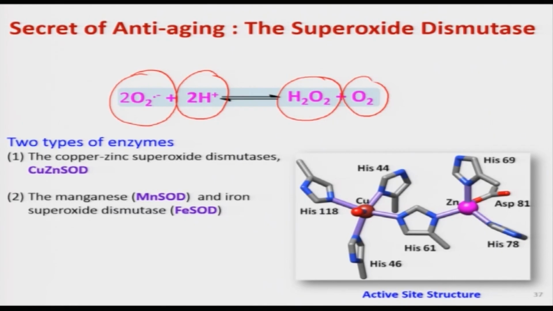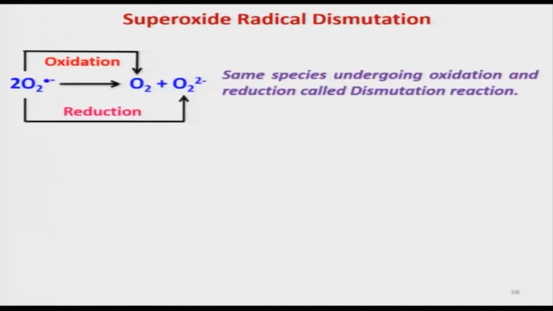There is a copper unit which is ligated with 4 histidine molecules and 1 water is coordinated at the 5th position, and zinc is in tetrahedral geometry, with 3 histidines and 1 aspartate ligated to it. Now, we will see this in detail in the coming slides.